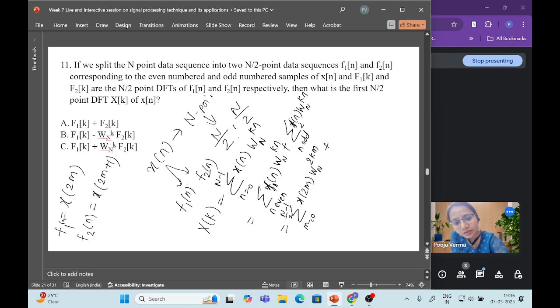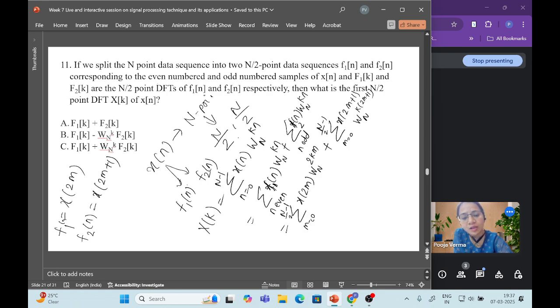Similarly for the odd part, m will be 0 to N by 2 minus 1, x(2m plus 1) multiplied by W_N^(k(2m plus 1)).